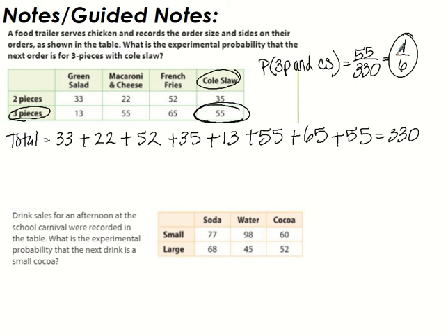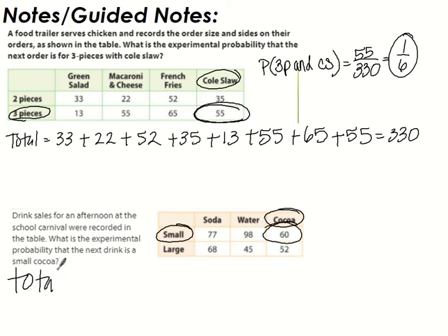Alrighty. So here's another one. Drink sales for an afternoon of school carnival were recorded on the table. What's the experimental probability the next drink is a small cocoa? So small cocoa, get them together, that's this one. We need that total though.